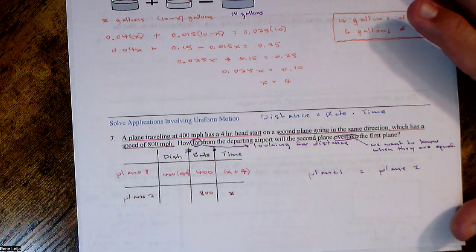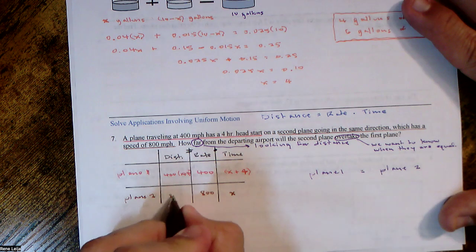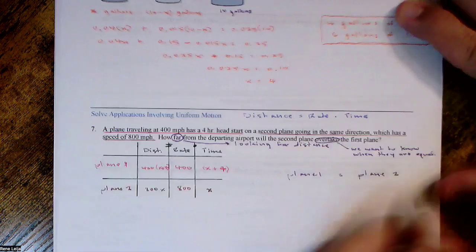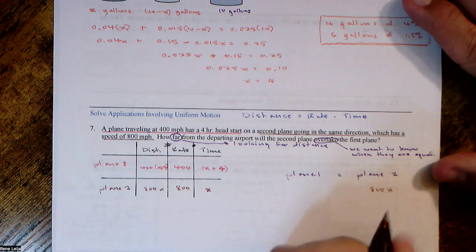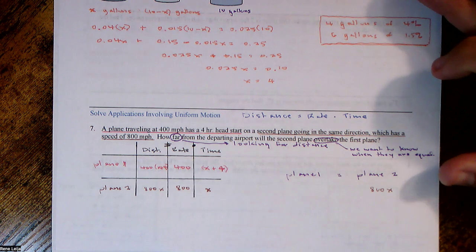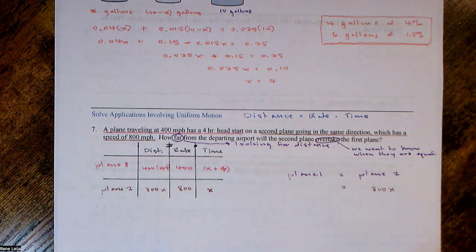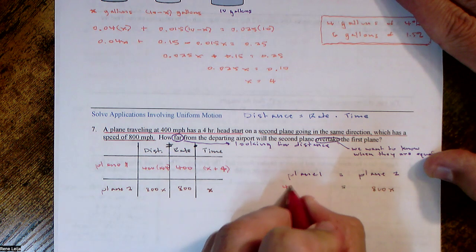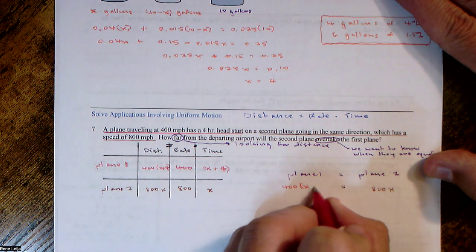And then plane two is going to be rate times time. So plane two is 800x equals plane one, which is the 400 times x plus 4.